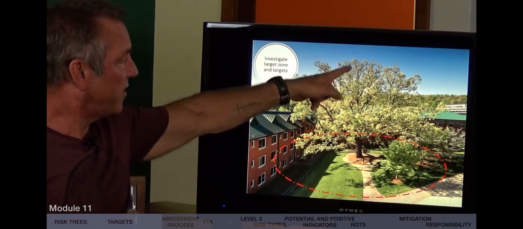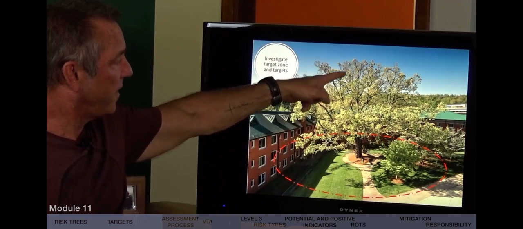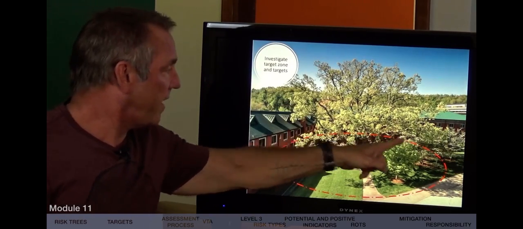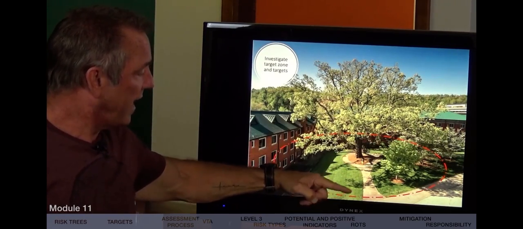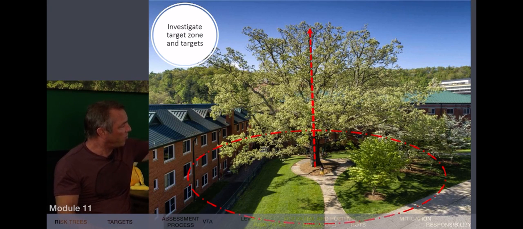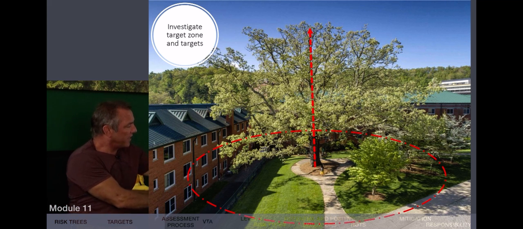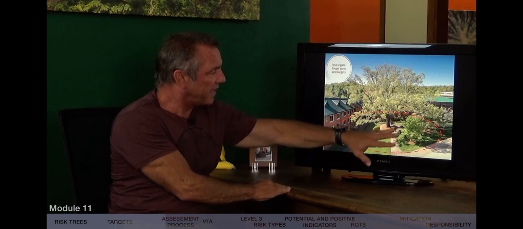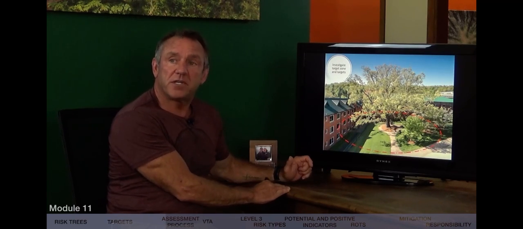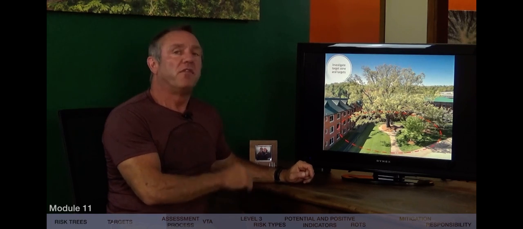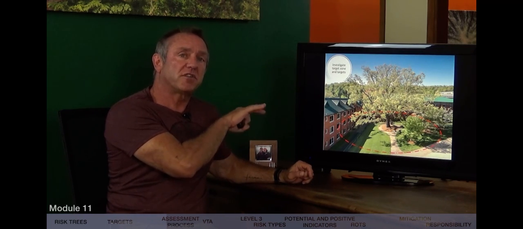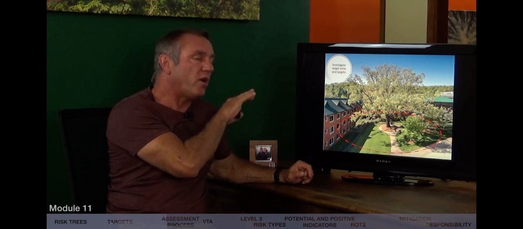So if this tree is 50 feet tall, then we would lay this tree down and it would be 50 feet all the way around the tree would be the target zone. So anything that falls within that 50 feet, or the area that's designated as a target zone, could be a potential target. So that's what we look for when we're doing our assessment for targets, is what falls in that target zone.